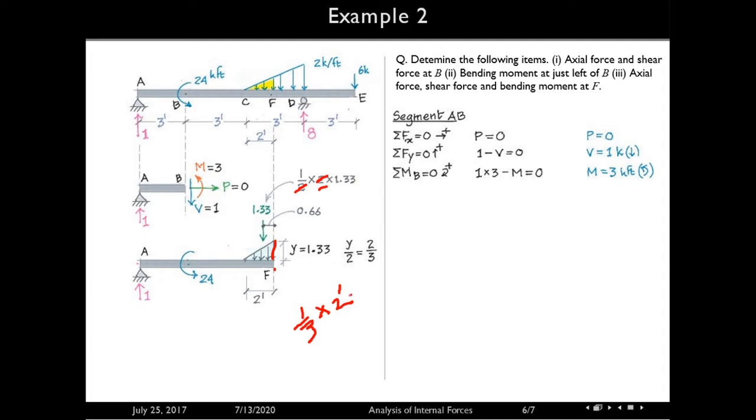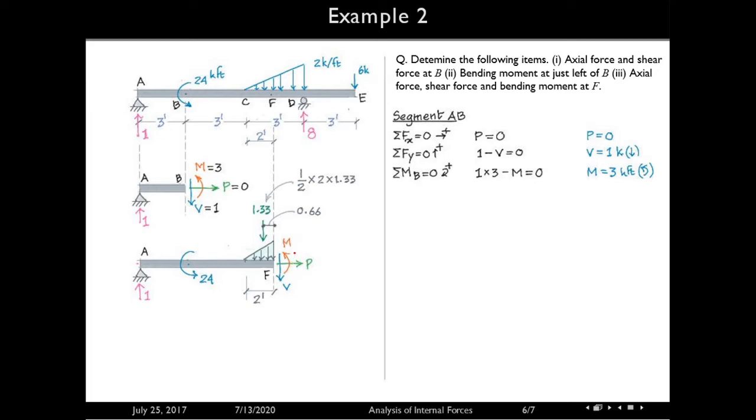So the answer will be 0.667. We can consider the first 2 digits after decimal.